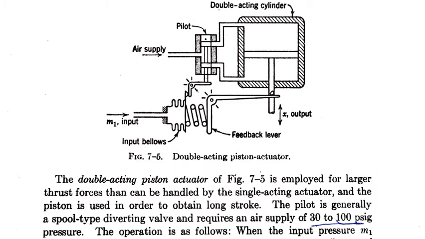Whenever you supply input pressure from this side, same principle, this bellow will expand towards the right. Towards the right means the baffle connected here will move this lever to the right side. I already told you, this is a lever construction. One end is fixed.